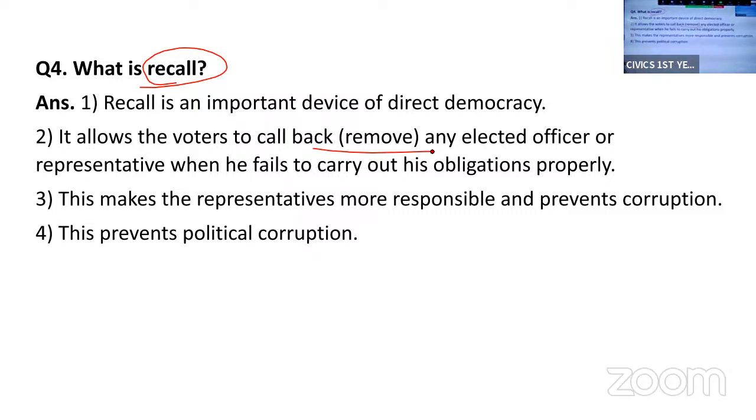So with the fear of getting removed, the representatives work with more responsibility. They become more responsible, and this will prevent corruption. Okay, so this is recall.